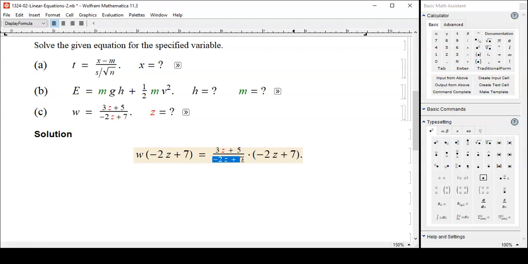If I do that, this thing and that thing will collide and cancel each other out. I'm going to get, on the left-hand side, w times negative 2z plus 7, and on the right-hand side we have 3z plus 5, because this denominator and that cancel each other out. Oh, this should be z. Sorry about that.